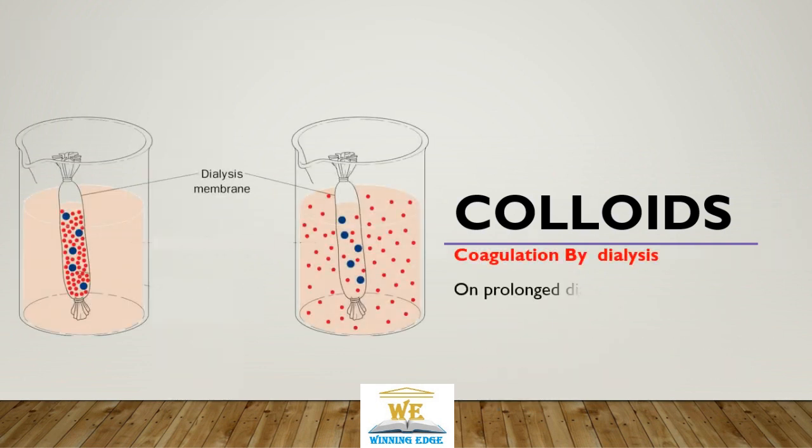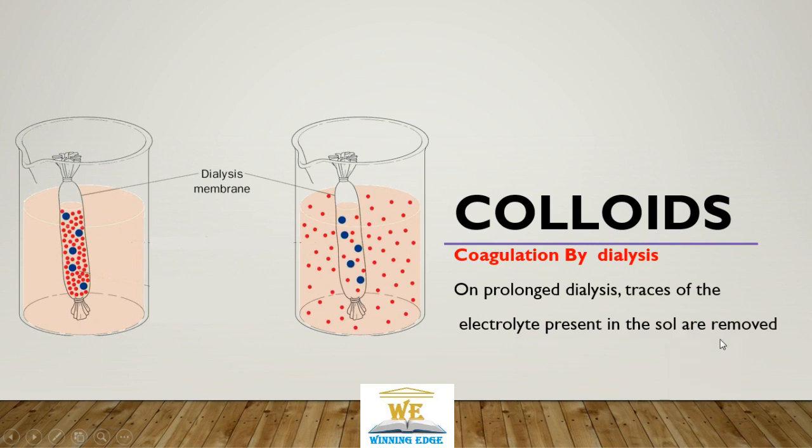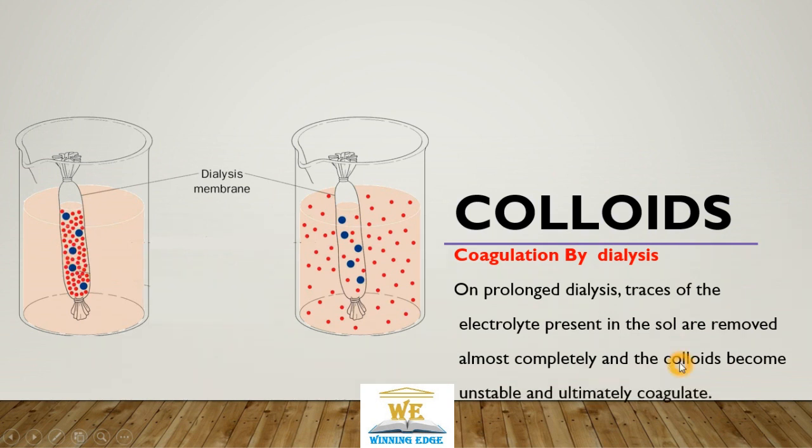By dialysis, on prolonged dialysis, traces of the electrolyte present in the sols are removed, and that disturbs their adsorbed charges, and the colloids become unstable. We saw here a concentrated solution.